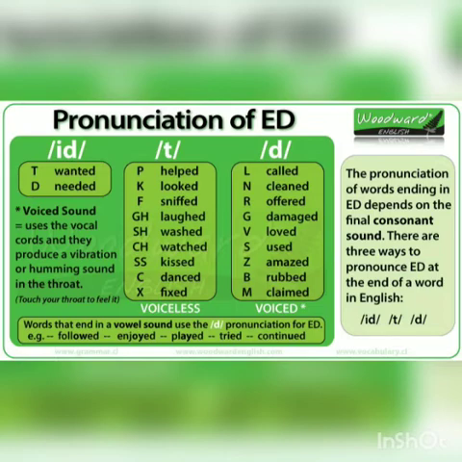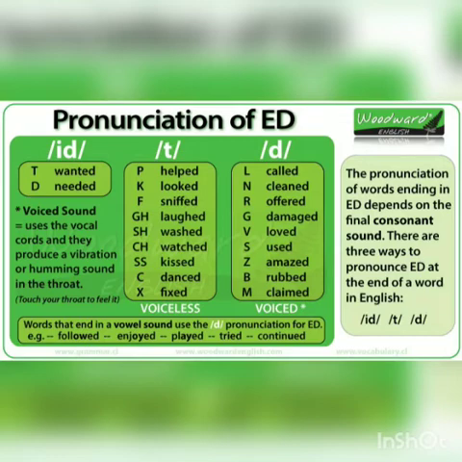What about the last sound? It's the d sound. I pronounce the ed at the end of the verb as d when I find before it a voiced sound. We discussed the voiced and the voiceless sounds in the last part. So here, if I find a voiced sound before it, I will pronounce the ed as d. For example, the verb call ends with the l sound, so it becomes called, with the ed pronounced d.